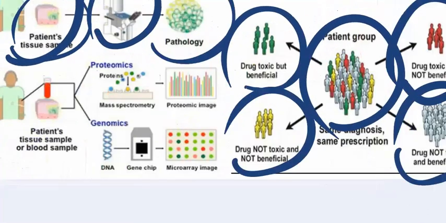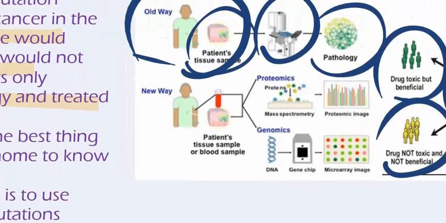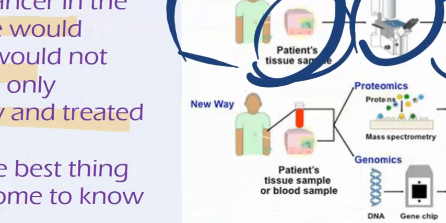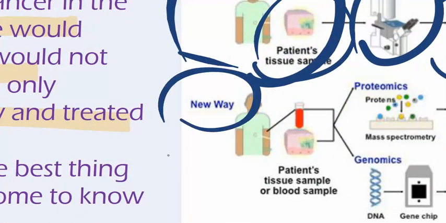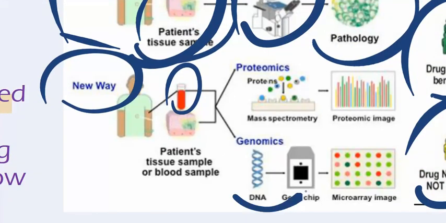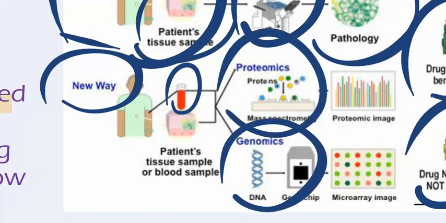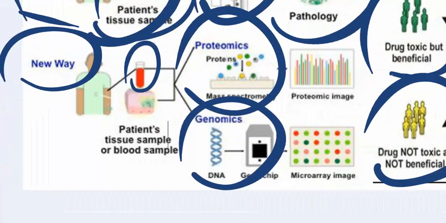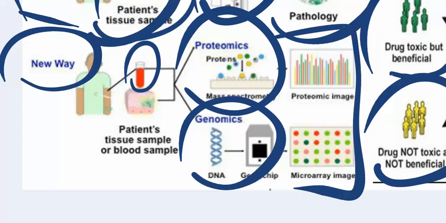So now it's important that we start to use this new way. We can get a sample of the patient's blood, extract the genomic and proteomic information, and based on this information, we can tailor the type of medicine we give them and the dosage that we administer.